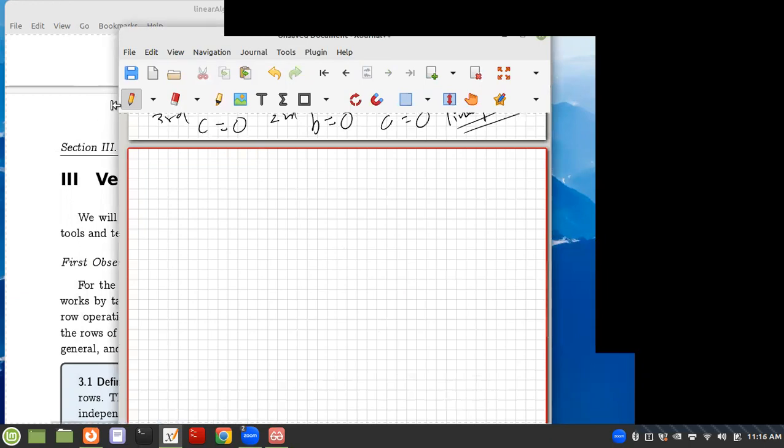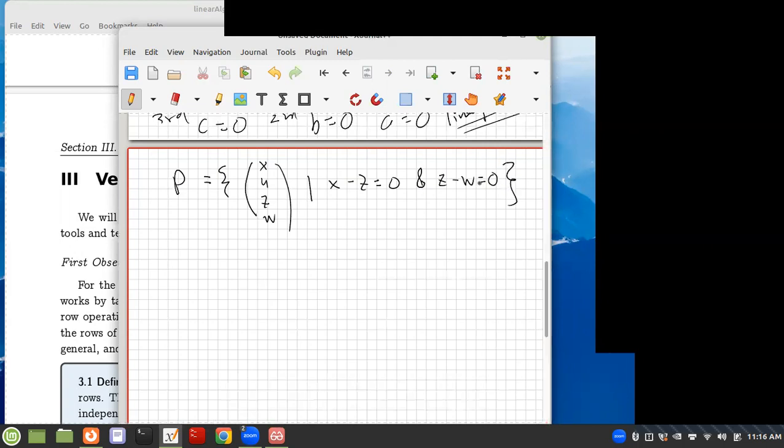We also had the idea of taking a space, say P, that equals X, Y, Z, and W, such that X minus Z equals 0 and Z minus W equals 0. Well, there's a vector space. The question is, what's the basis for this vector space? You have a linear system here, 2 equations and 4 variables.